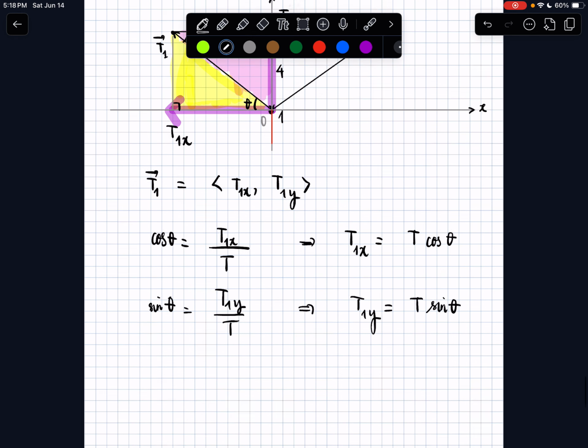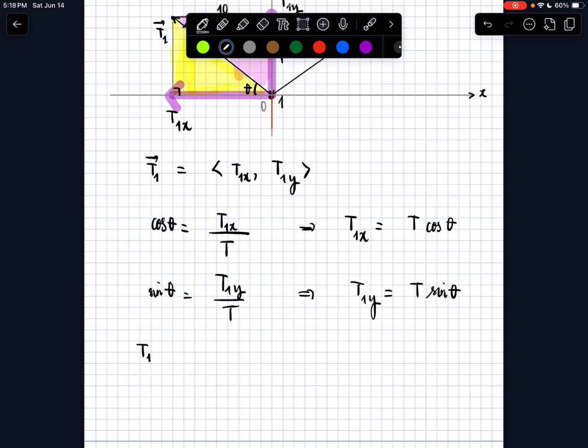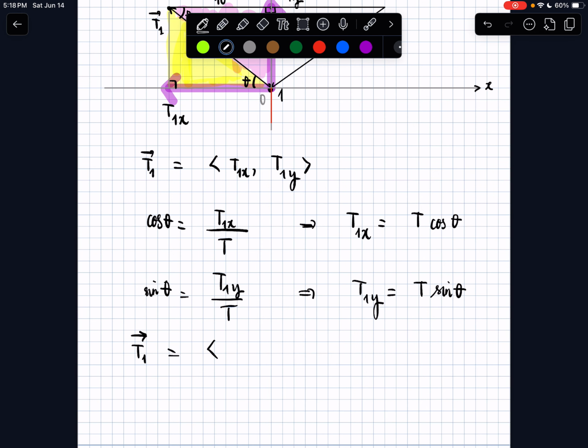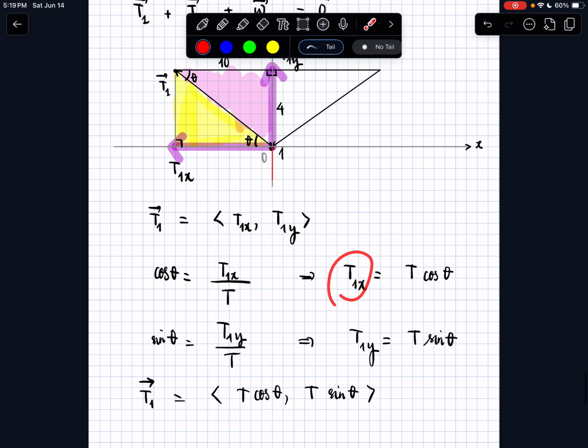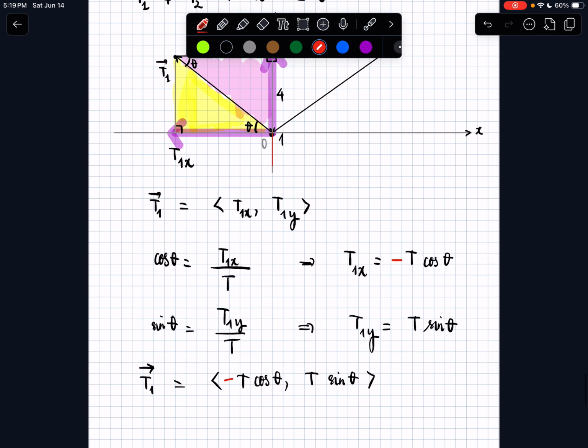So vector T1 has coordinates T cosine theta, T sine theta. Be careful with the direction: this is negative, so T1 should be minus T cosine theta, T sine theta.